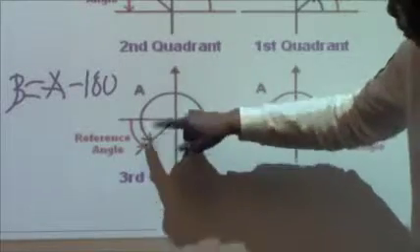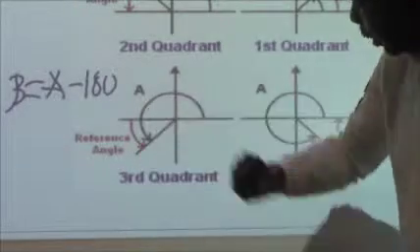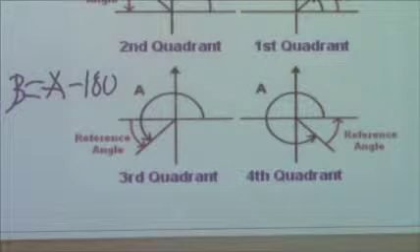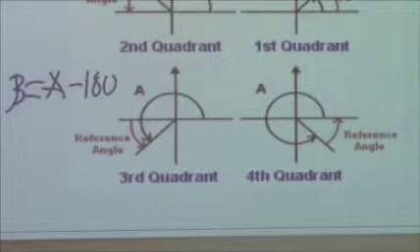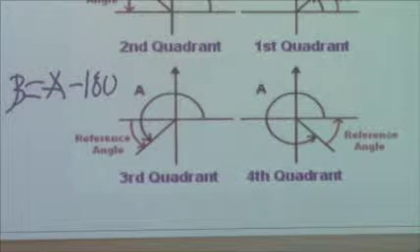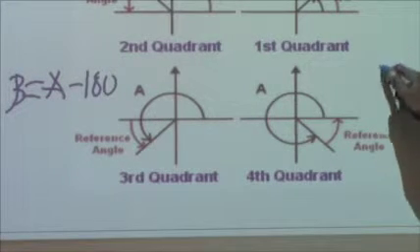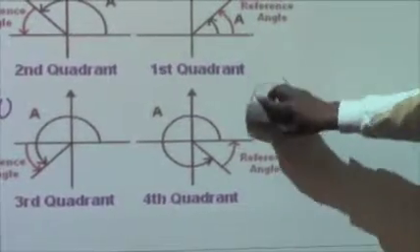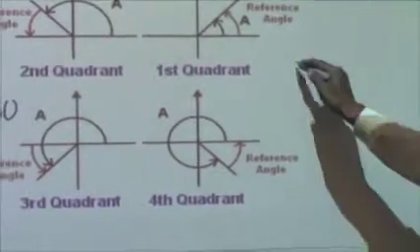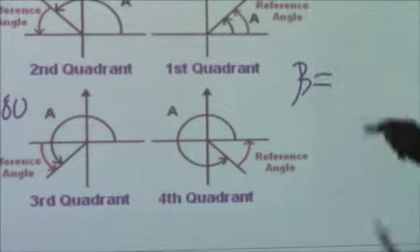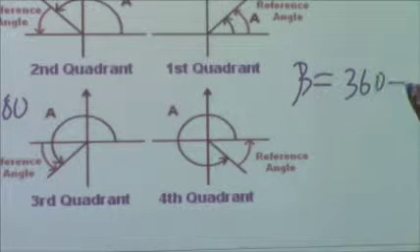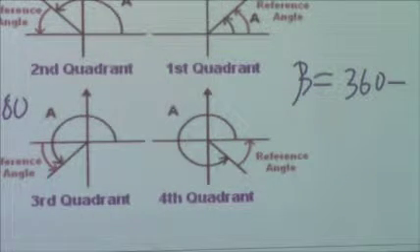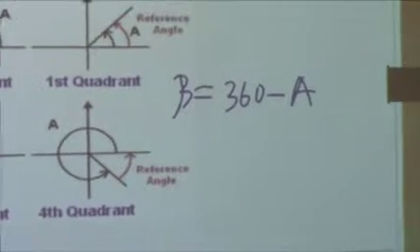So when you subtract 180 from A, you just get this small piece right here, which should be an acute angle. Now, what about over here? In the fourth quadrant, the reference angle beta would be basically equal to 360 minus angle A. Simple. So that's how you can find the reference angle.